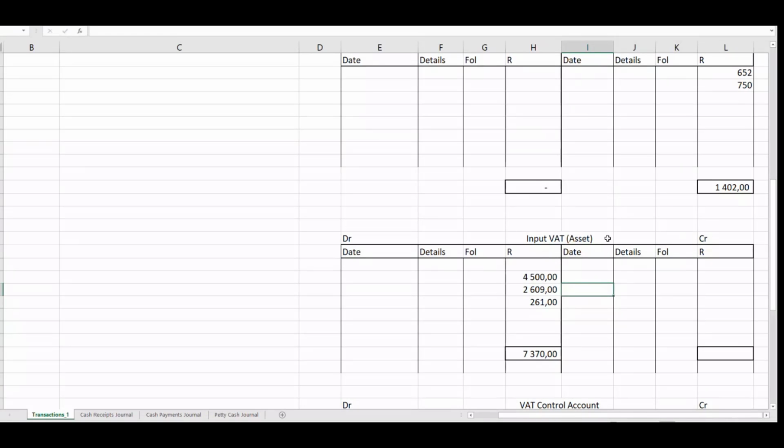So what we owe SARS is 1,400, and what SARS will owe us is 7,300. It means what SARS owes us is more than what we owe SARS. Then it means SARS will pay us back the difference, which is 5,968.